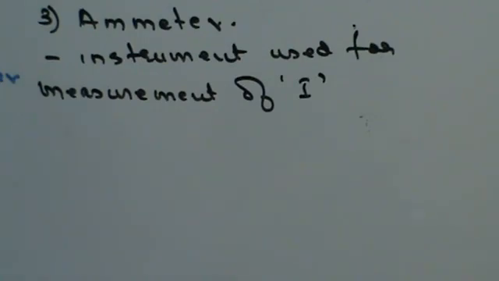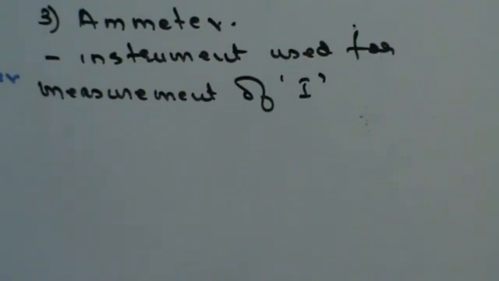An ammeter is nothing but a moving coil galvanometer which has been designed to measure current in a circuit. Now, to measure current in a circuit, the galvanometer has to be connected in series, because it is only in series that current remains constant.